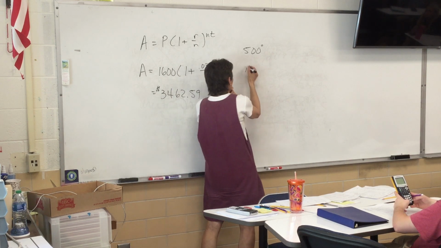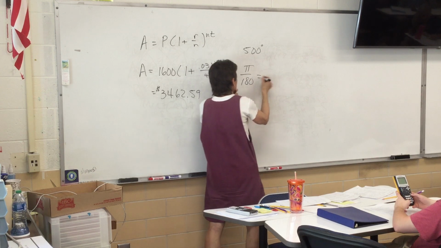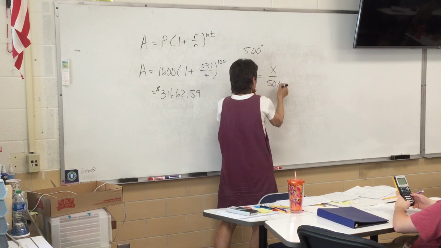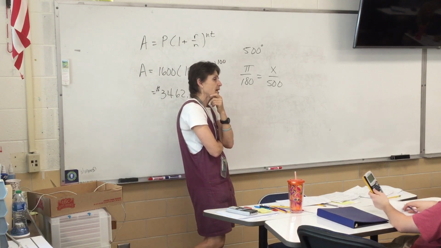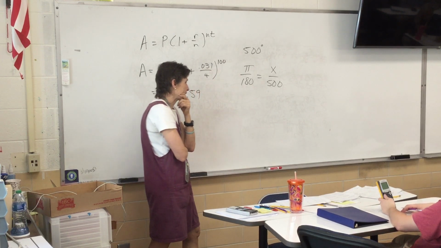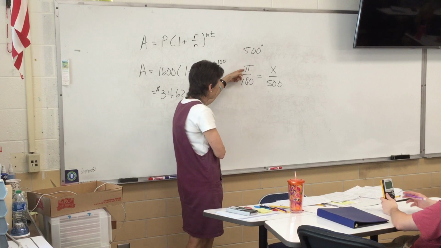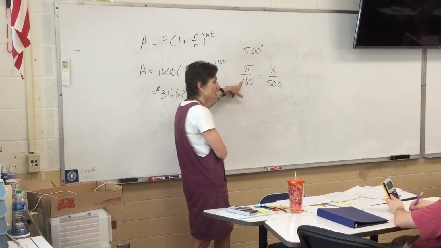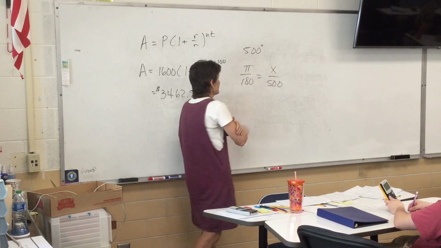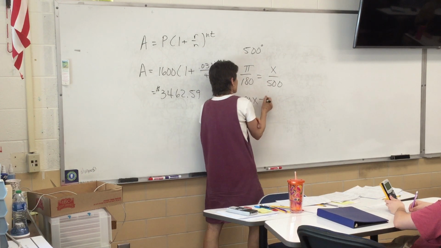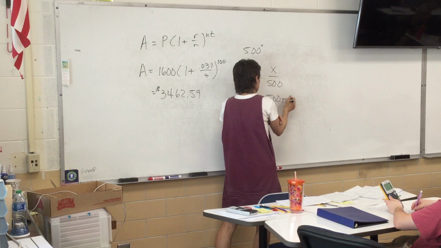Nobody remembers pi over 180 equals x over 500? Oh, yeah, you don't want it backwards. Pi radians is 180 degrees, so how many radians is 500 degrees? So 180x equals 500 pi.